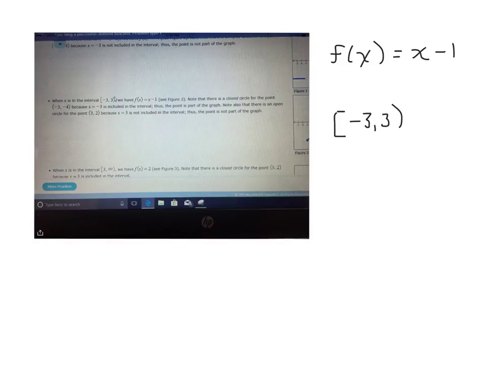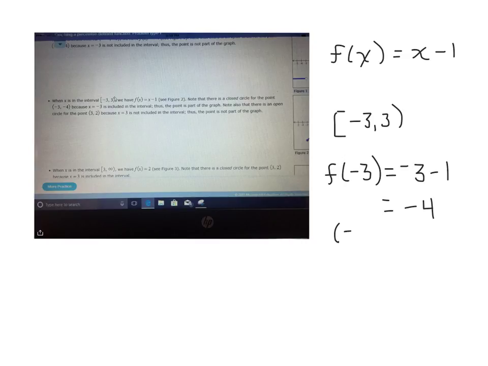So what they've done here, Caroline, first is they've just found f of -3. So in the function equation, they replaced x with -3, and they found that f of -3 is equal to -4. Now remember, f of -3 is just fancy function notation for y.